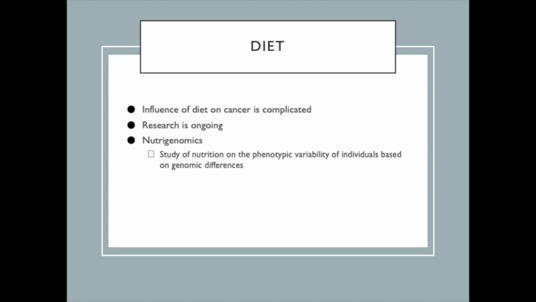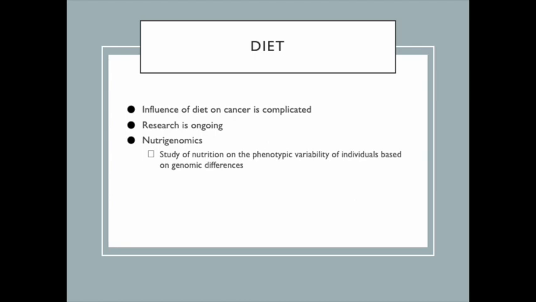It's very challenging to think about the association, what type of target diets we need to consider or to strive for, because we have to think about the measurements of specific nutrients, food types, and dietary patterns. And this research is ongoing.